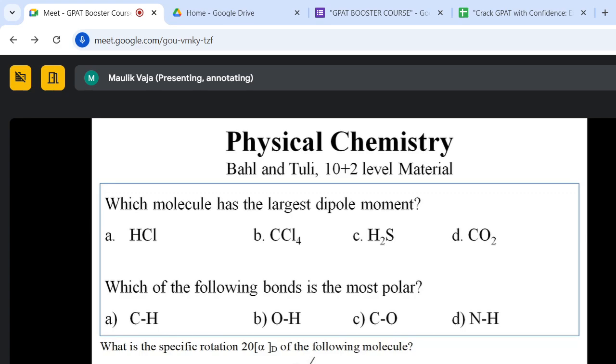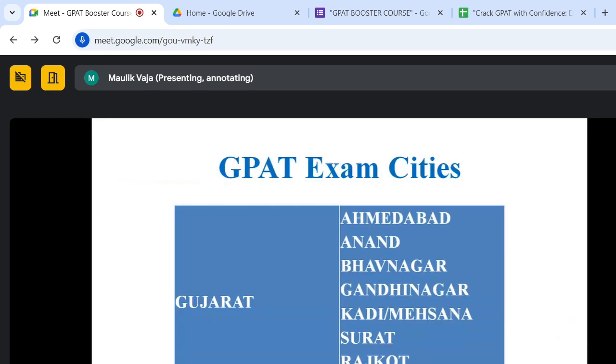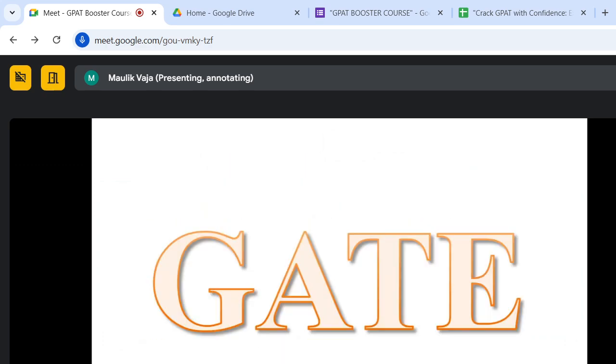What is required is to remember the equation: specific rotation is equal to observed rotation divided by concentration multiplied by length of sample cell. So 4.42 divided by 0.1 multiplied by 10, so the answer will be 4.42. So option A will be the answer. So these are some questions which we have discussed.